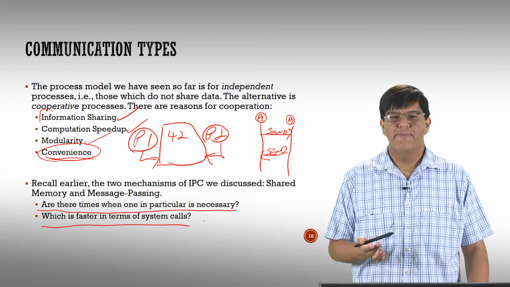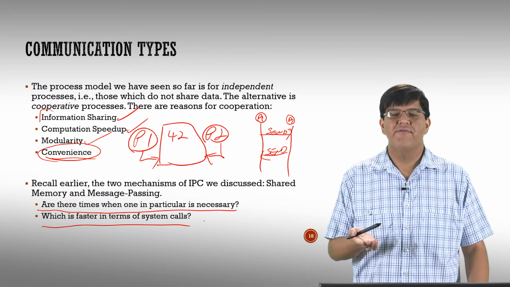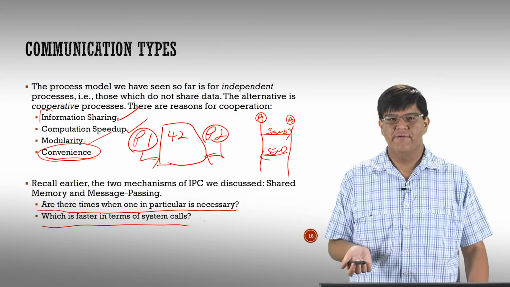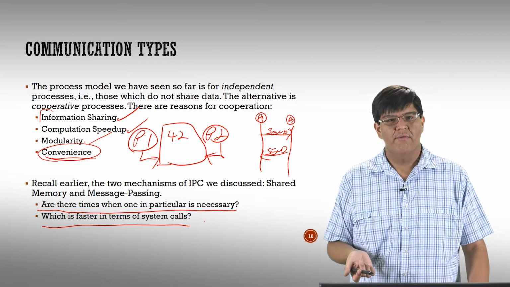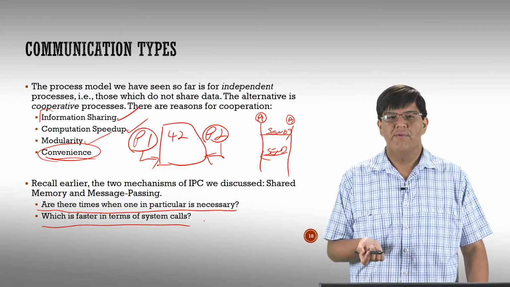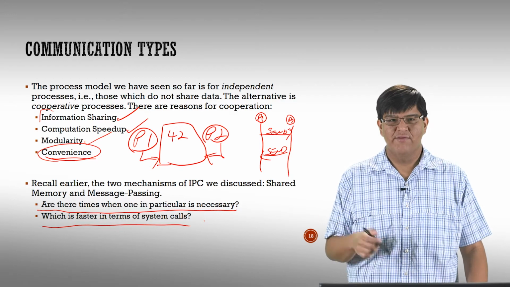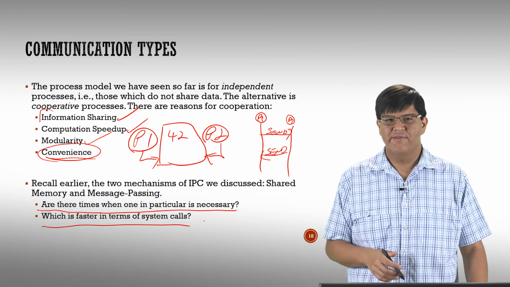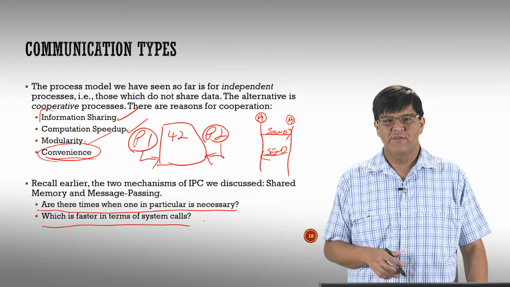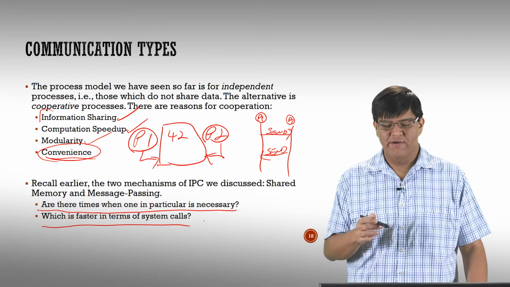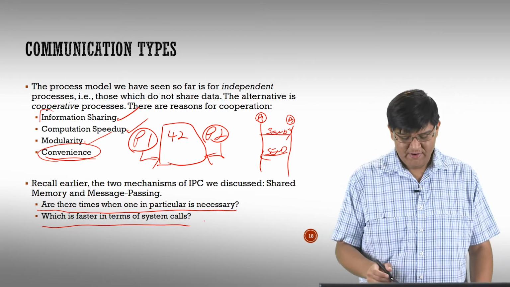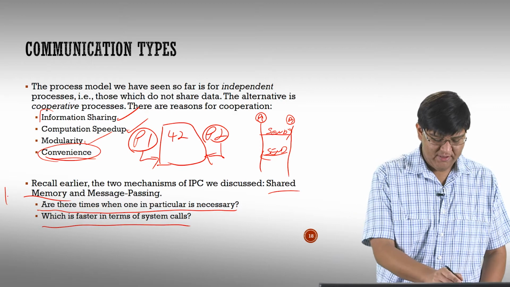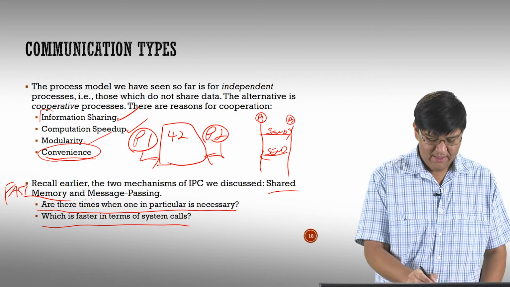What that means is you pay the penalty of running two system calls, system call send and system call receive. That's a whole lot more than just saying there's a pointer somewhere in memory that I can do stuff at. That has no overhead in terms of system calls, whereas message passing definitely has this overhead. So our faster one is obviously shared memory. This is fast, and this is slow.